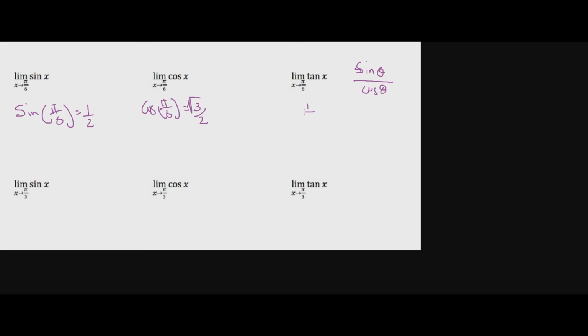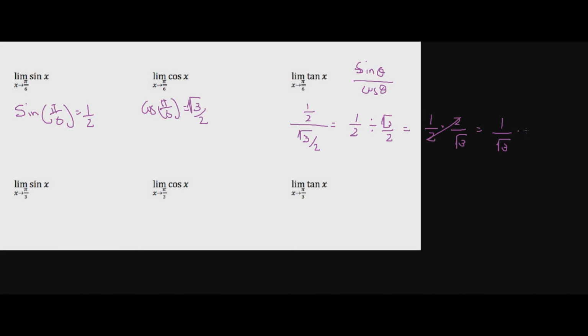So this is going to be 1/2 divided by the square root of 3 over 2. Then I can just take the reciprocal, 1/2 times, to flip it. I'm going to get 2 divided by the square root of 3, and you'll notice the 2 cancels out. We get left with 1 over the square root of 3.